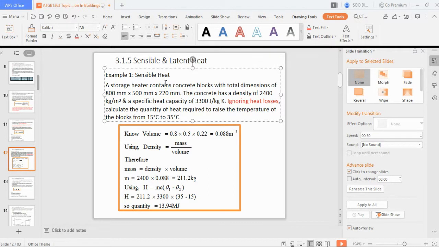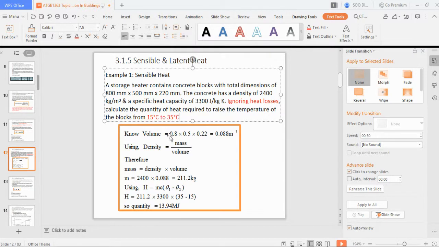To simplify the calculation, we are ignoring the heat losses. Calculate the quantity of heat required to raise the temperature of the block from 15 to 35. It's asking you to calculate the quantity of heat required to raise the temperature, so this is a sensible heat.